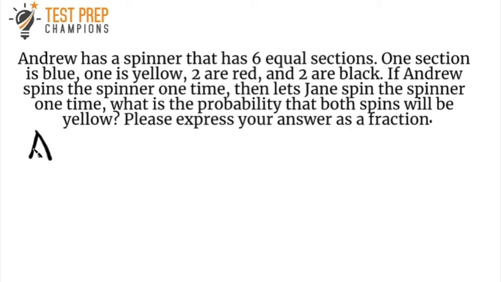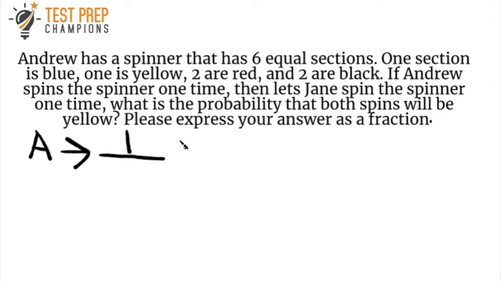So let's think about it this way. On Andrew's spin, I'm going to put an A here for Andrew. What's the probability that he's going to get a yellow? The favorable outcome would be getting a yellow. So how many chances are there to get a yellow? Well, it tells us here that one section of the spinner is blue and one is yellow. So that means that there's one chance to get a yellow.